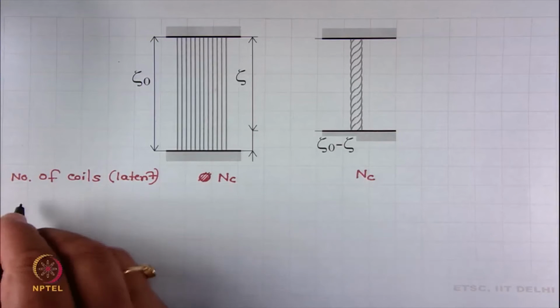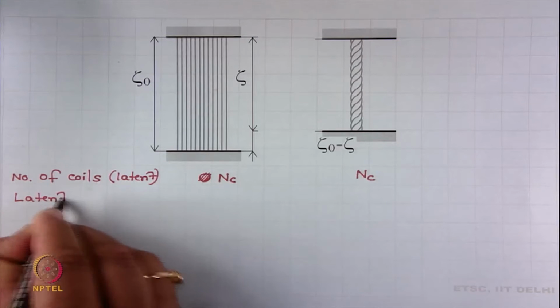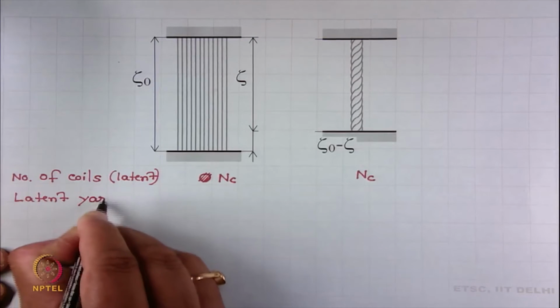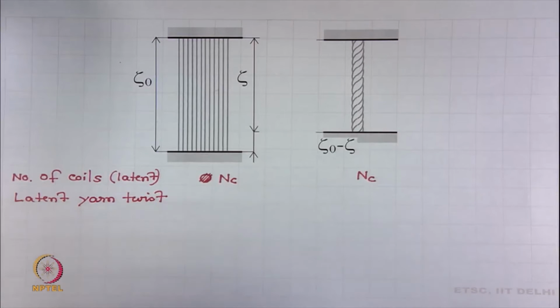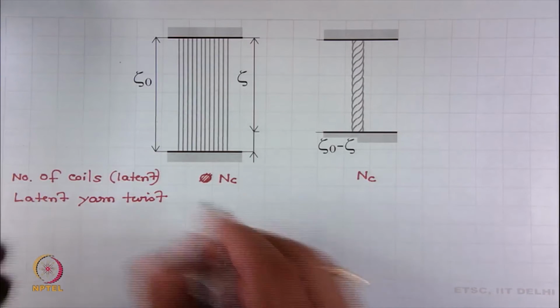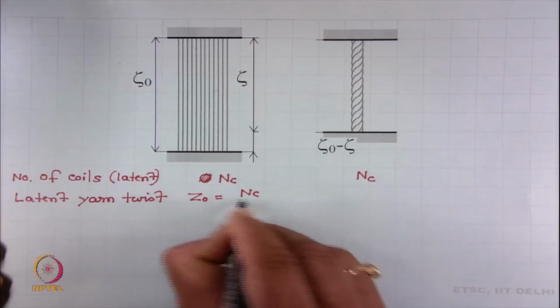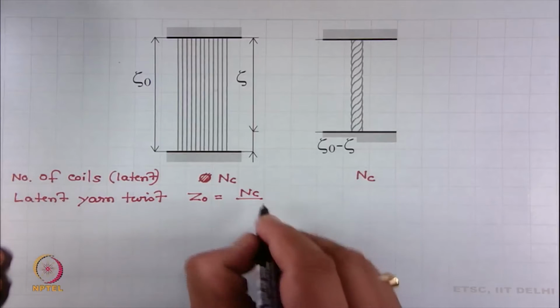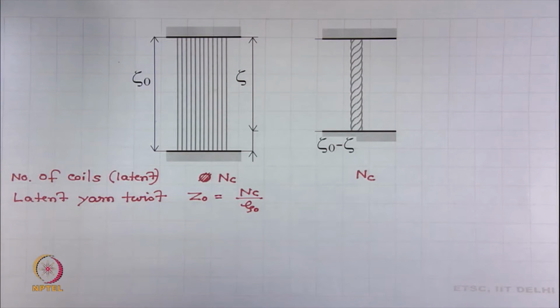So, then latent yarn twist, Z naught, is the number of latent coils per unit length. Okay.